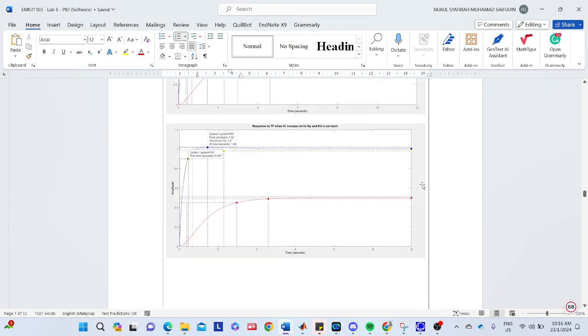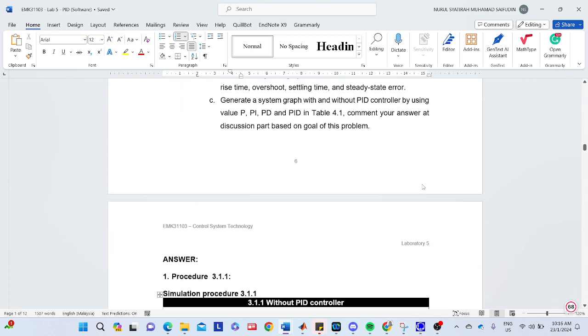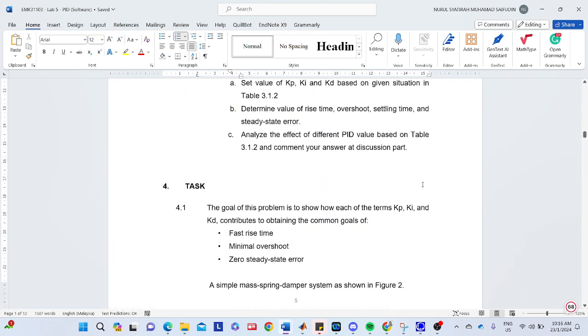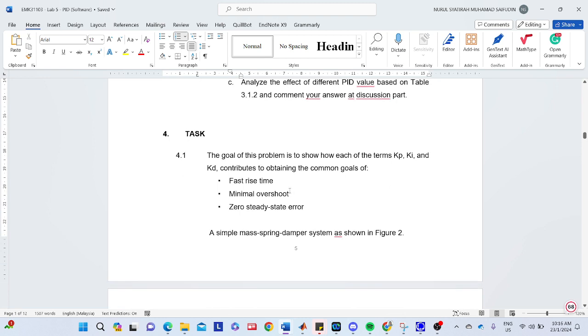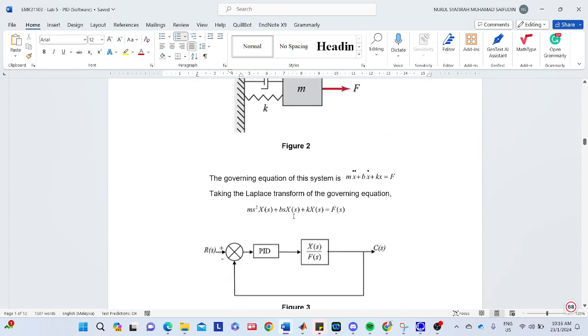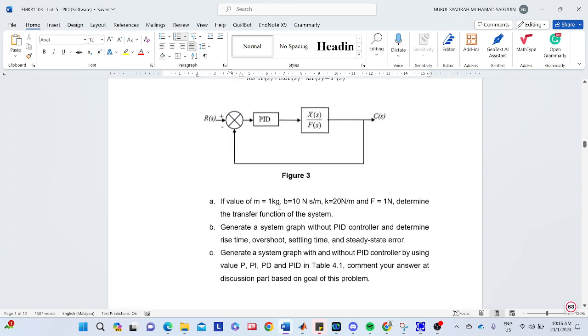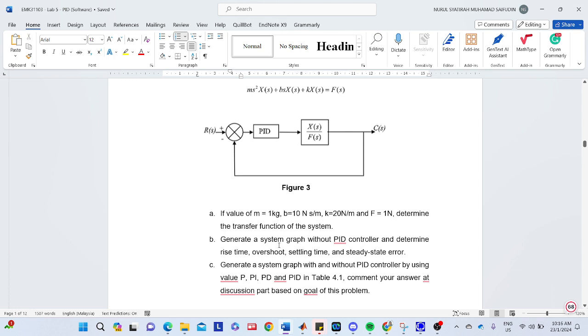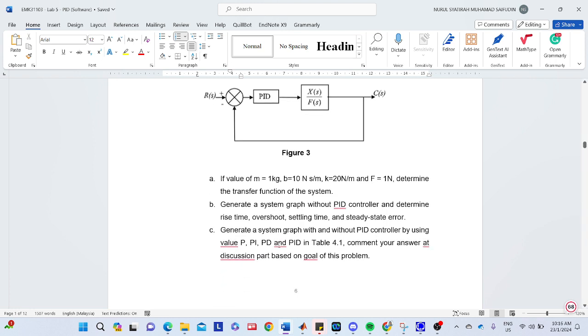The next task is to obtain a fast rise time, minimal overshoot, and zero steady state error. For this task, we need to find the transfer function and use it in the coding, generate a system graph without the PID controller, and determine the rise time, overshoot, settling time, and steady state error.